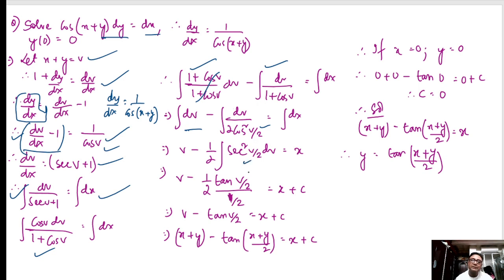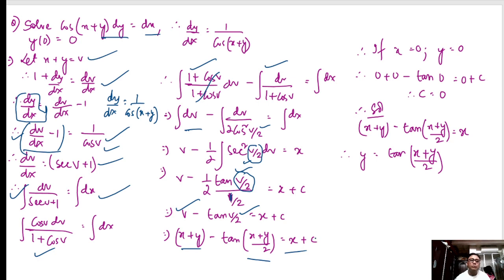The integral of sec square is tan, and v by 2 means we divide by half, because the coefficient of v is half. So sec square v by 2 will be tan v by 2 divided by half. So this cuts, this is tan v by 2, and now replace the value of v, and we get the solution of the differential equation.